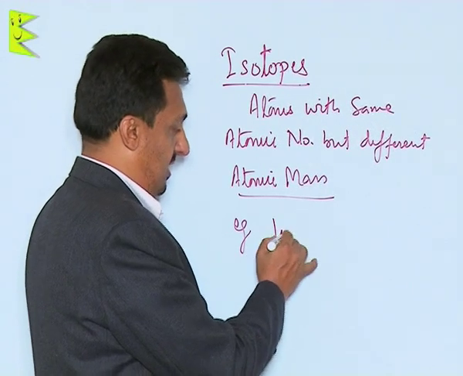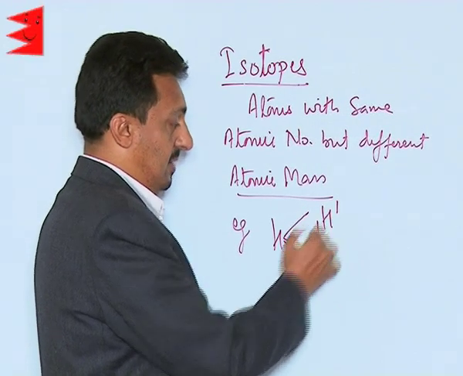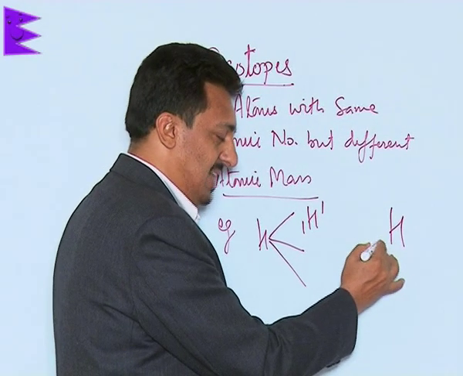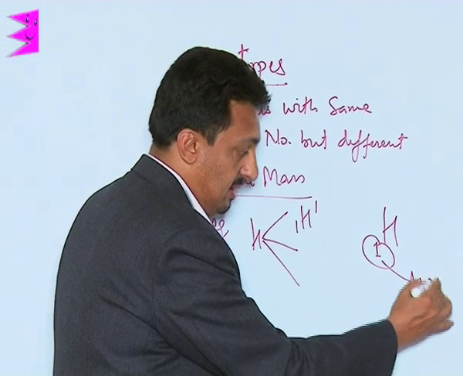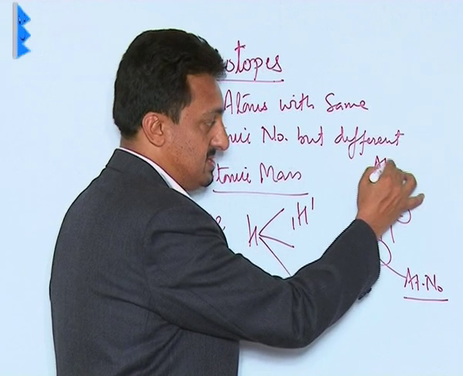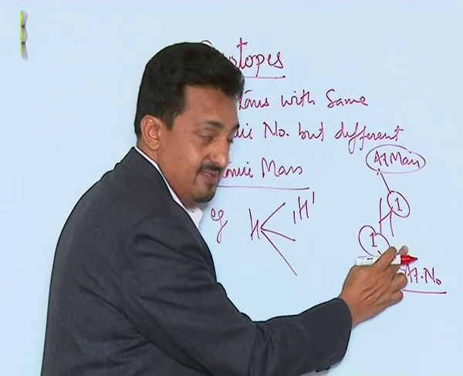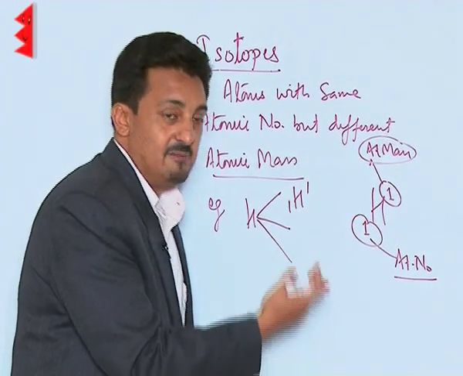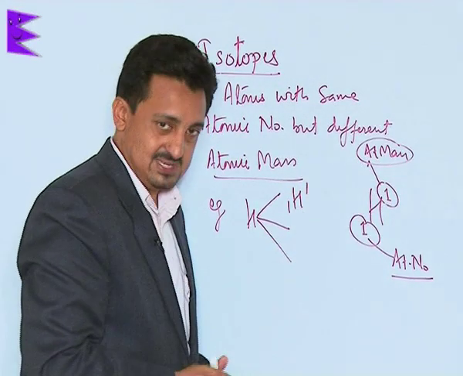Like hydrogen. Hydrogen has three isotopes. Always remember, whenever we put a symbol, whatever we write in the subscript is always the atomic number, and whatever we write in the superscript is always the atomic mass. We can write them after the symbol or before the symbol, it doesn't make any difference. Subscript is atomic number, superscript is atomic mass.